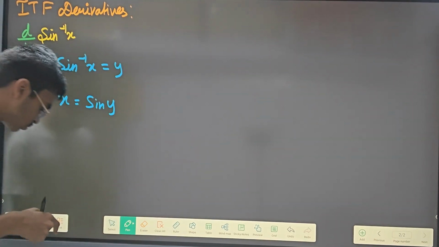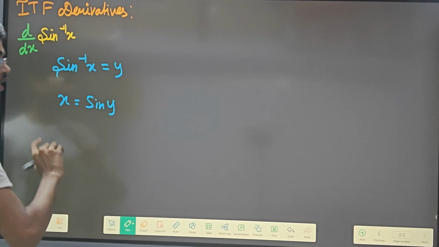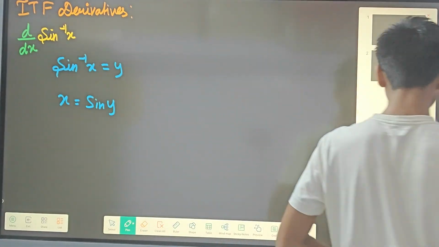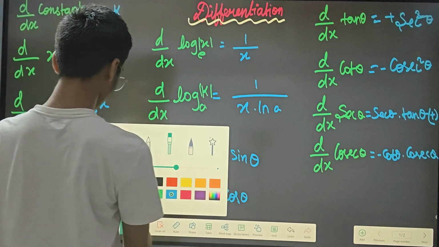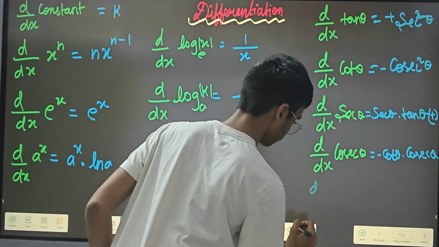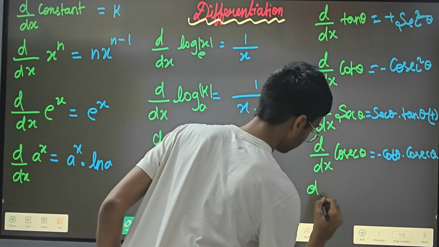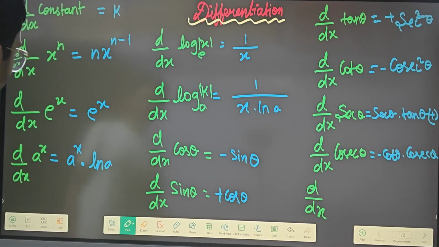Okay, now what you have to do is, now you have to differentiate it. So when you differentiate it, by the way, d by dx of x, and root x I have to write.